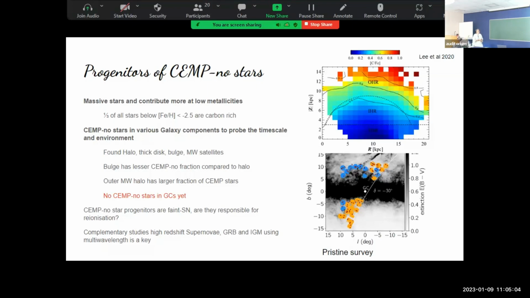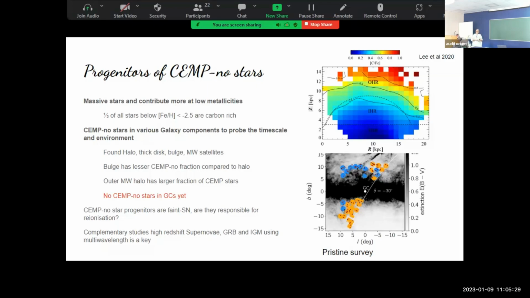But people also looked at carbon in different galactic environments, for example the halo versus the thick disk, the bulge of the galaxy, and globular clusters. What you can see is that they are found everywhere. They are found even in the satellite galaxies of the Milky Way.